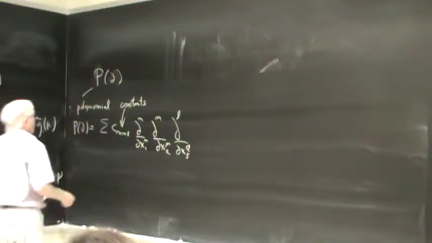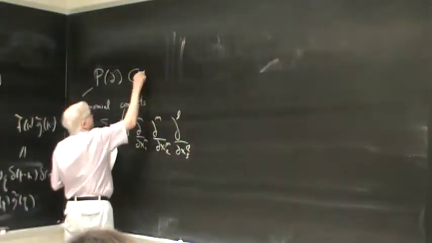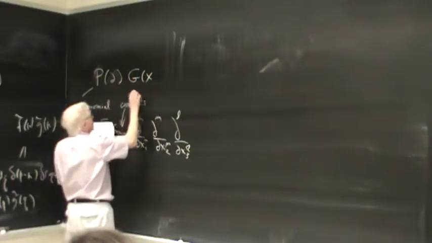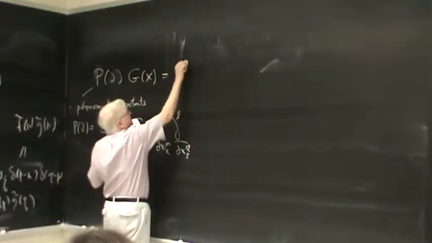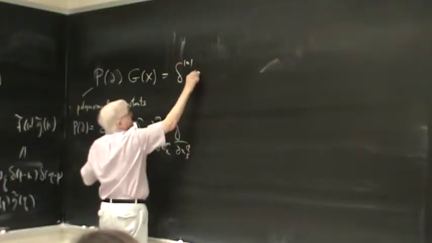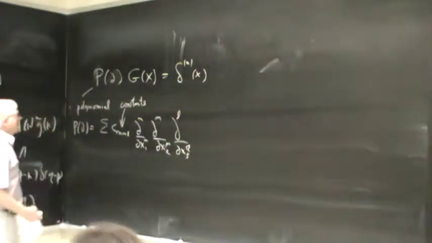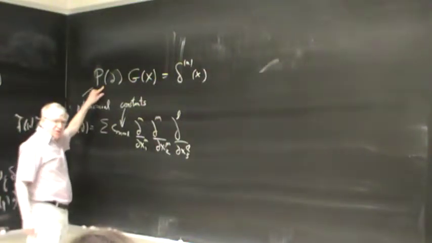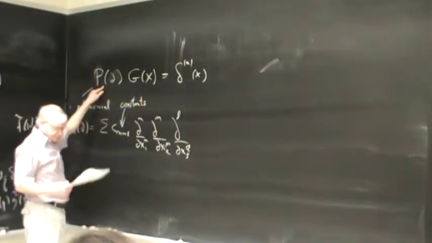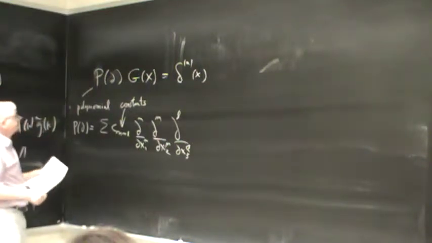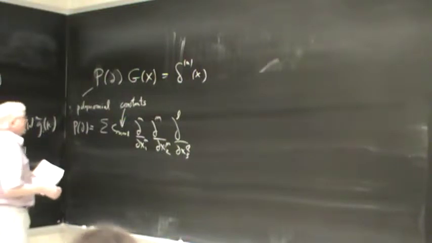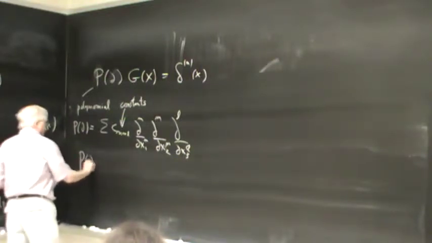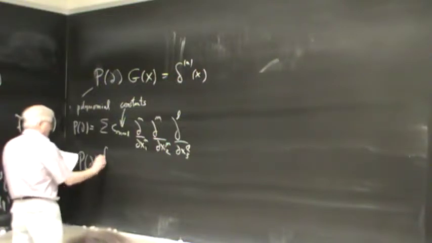And when you have a differential equation involving such a differential operator, then you can use this Green's function technique. If you're in n variables, you look for a Green's function of this polynomial differential operator. So let's write the Green's function as a Fourier transform.